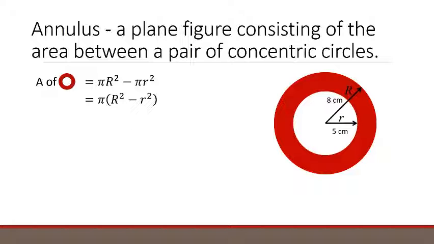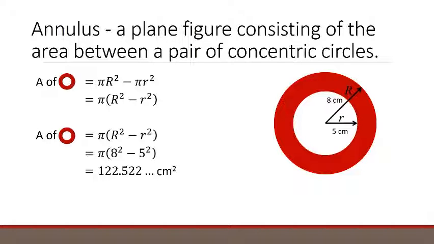So the area of an annulus, we're going to use this formula, and in this case we're substituting 8 for big R and 5 for little r. And when we do the calculation, it's 122.522 centimetres squared, or 123 centimetres squared rounded to 3 significant figures.